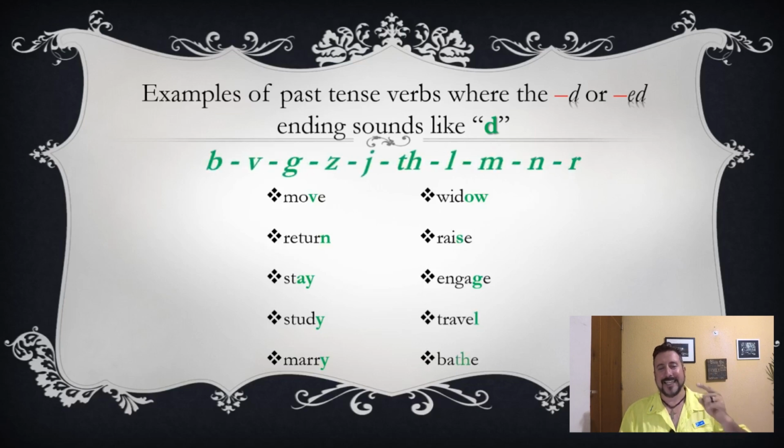And as you see, each one of those ends with a voiced sound, and a couple of them have a vowel sound, like stay, study, marry, widow. Are we okay? Good. So how is it going to sound when we add the D or ED? Well: moved, widowed, returned, raised, studied, traveled, married, bathed.